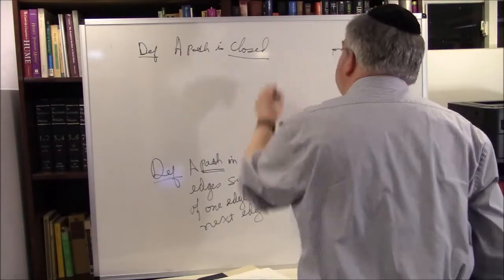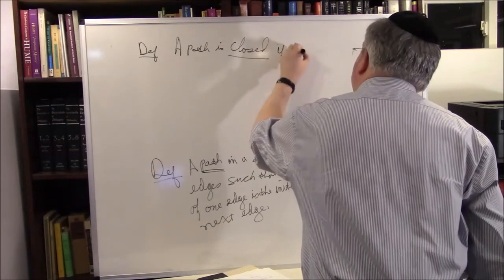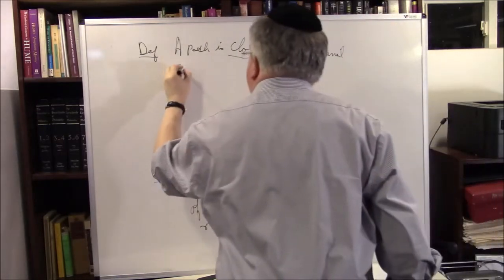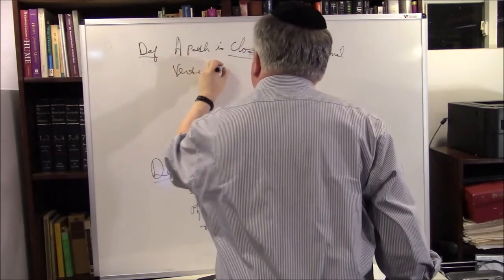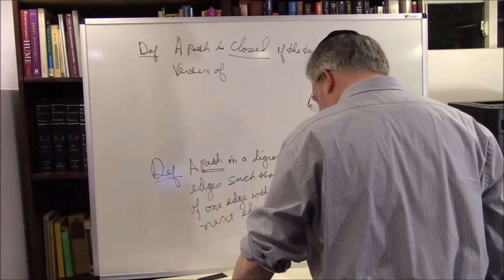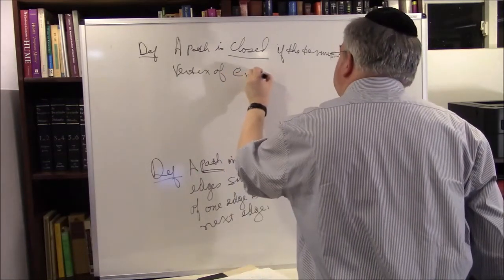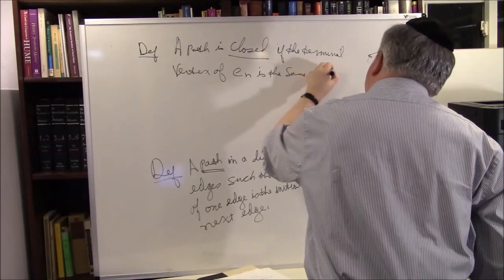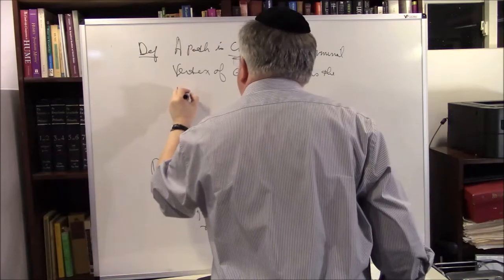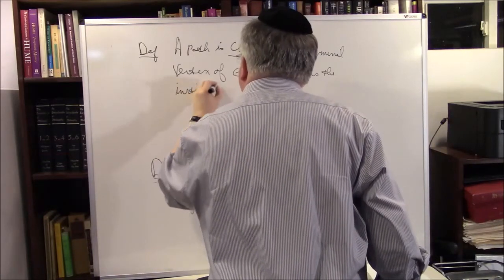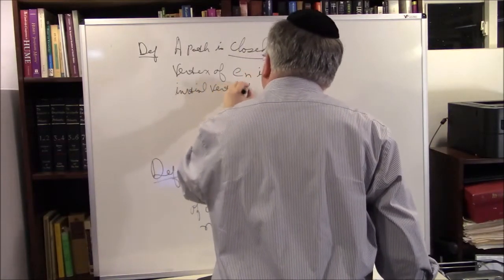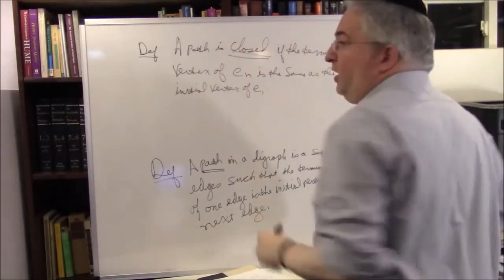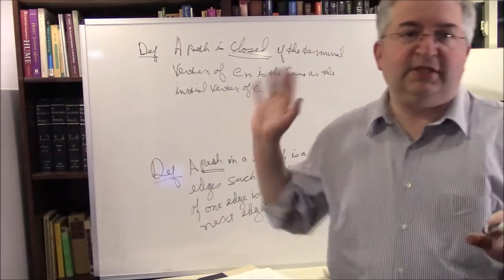A path is closed if the terminal vertex of En is the same as the initial vertex of E1. Okay, so it's closed. That means you start and finish at the same place. That's exactly what it means.